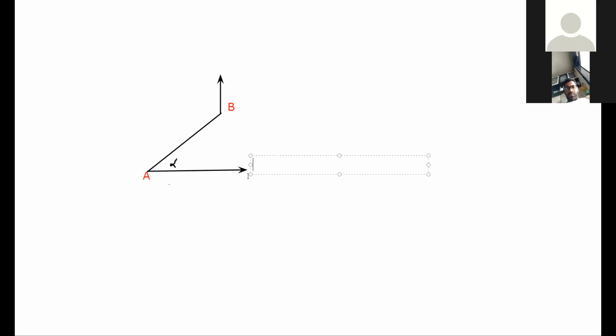The velocity of point A will be in this direction, so I'll name it velocity VA. On point B, the velocity will be moving upward, so I'll name it velocity VB.